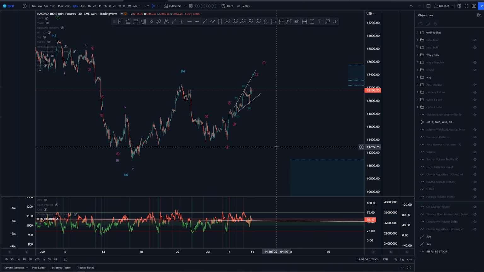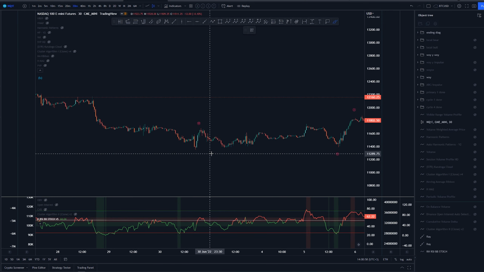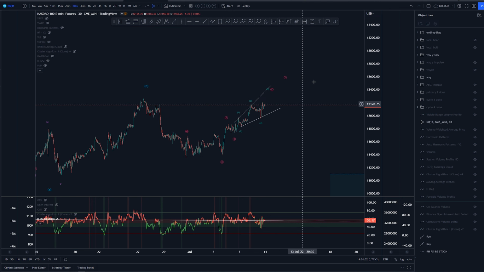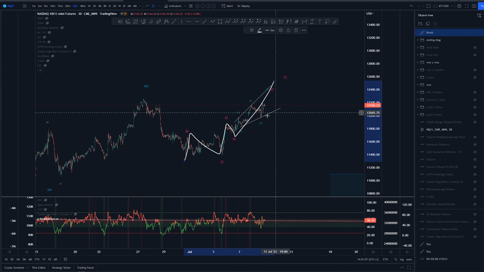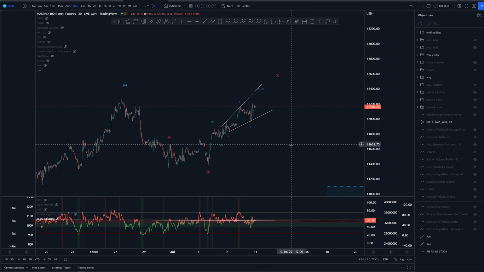The other scenario is this one, where instead of this being a 5-way move, I have it as a W. Then we would have this next structure as an A, B, and C. Actually, this should be lower degree, this should be submicro, and this should be minuscule. There we go.